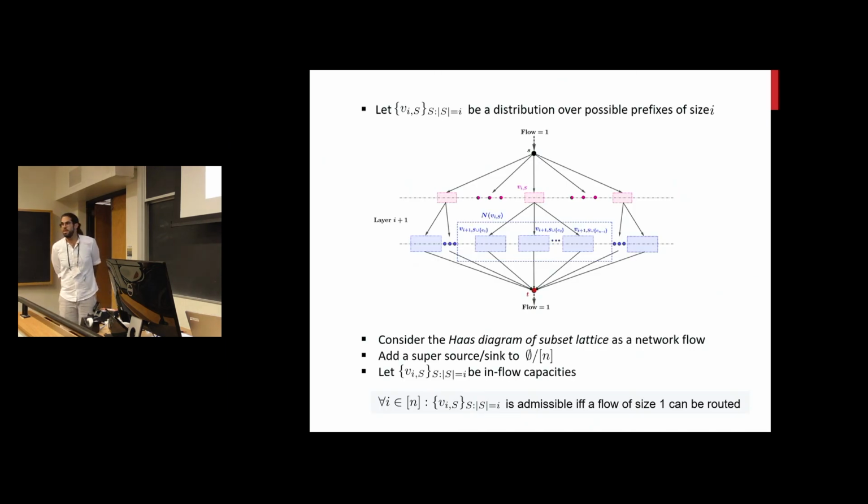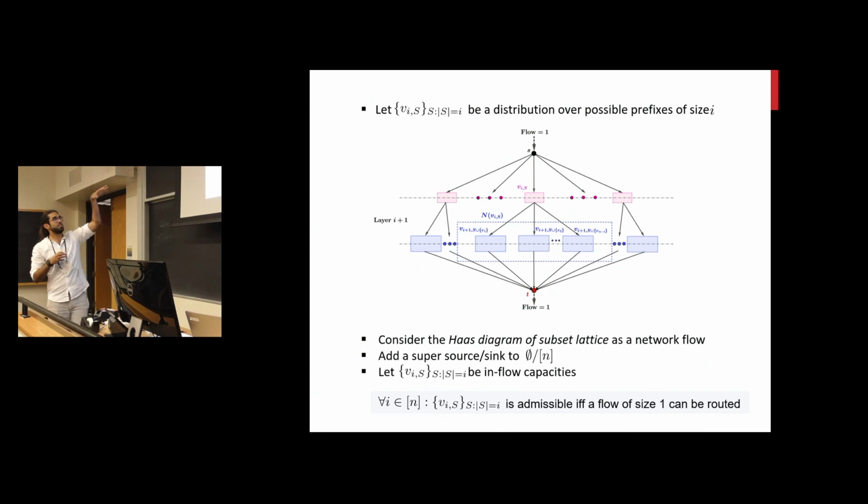So think about the Hasse diagram of the subset lattice. You have 2 to the n sets in this partially ordered set. I'm going to define a network flow problem in the following sense. Attach a super source to the empty set and attach a super sink to the set of all elements. And imagine that you start with this distribution, the collection v_i of S. This is basically the probability that set S is selected as the prefix of size i.